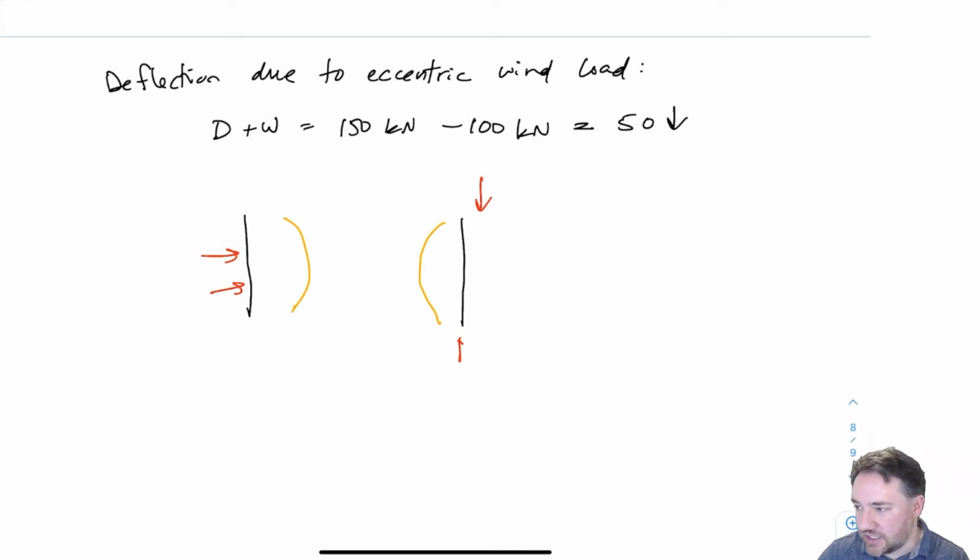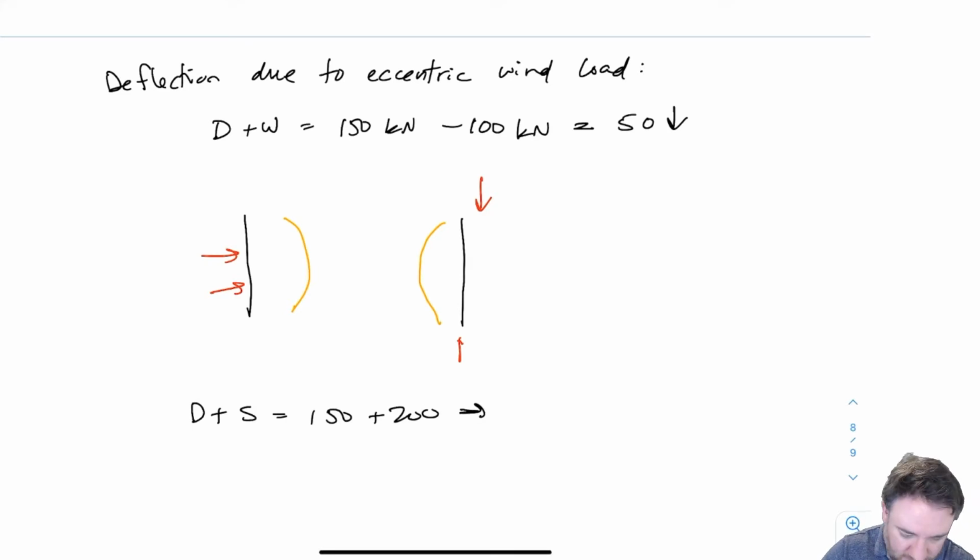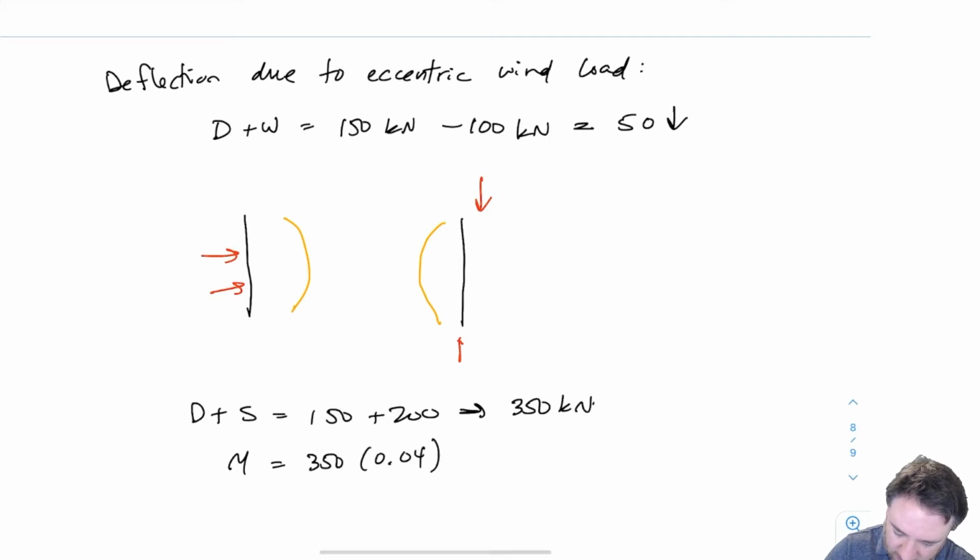If we did look at the worst case of that, so let's look at the worst case, which would be just dead plus snow, basically. So dead plus snow is 150 plus 200. These are unfactored loads, right, which is 350. And remember, the moment caused by that is going to be 350 times e, and e is 0.04 meters.